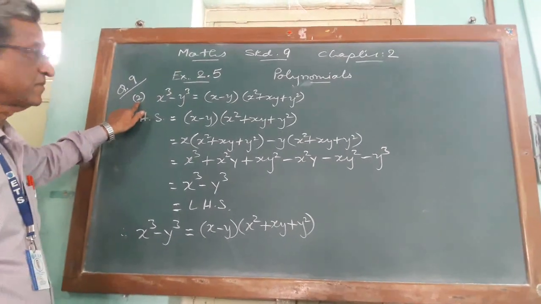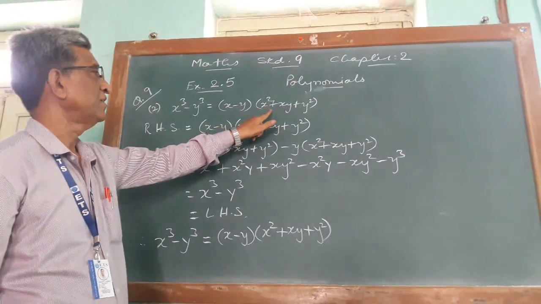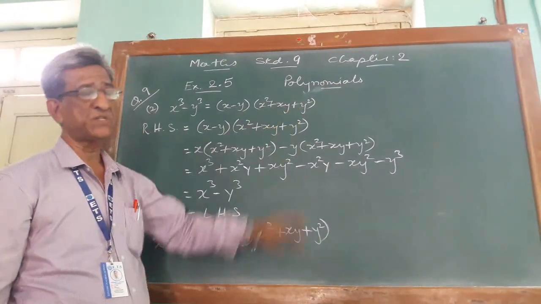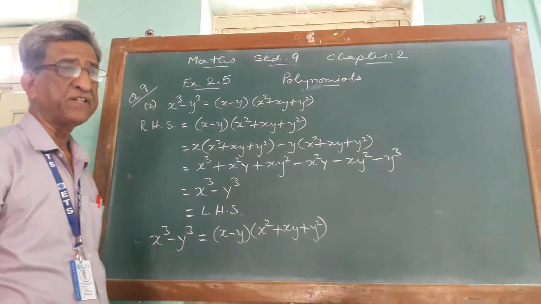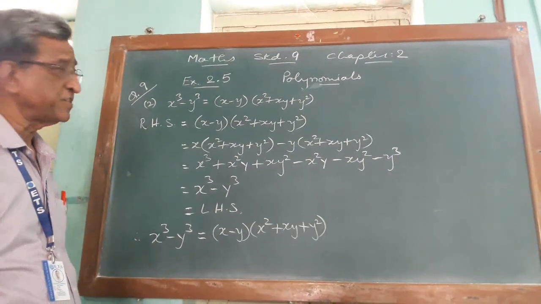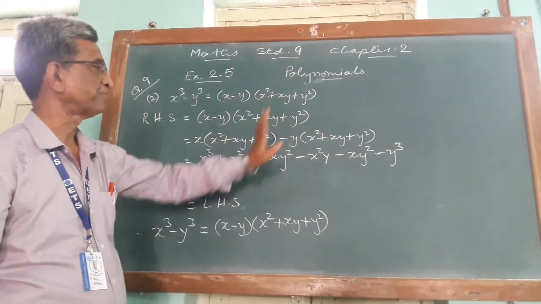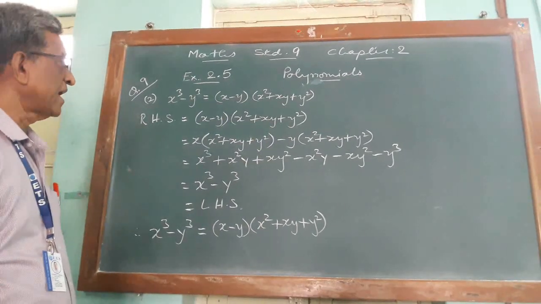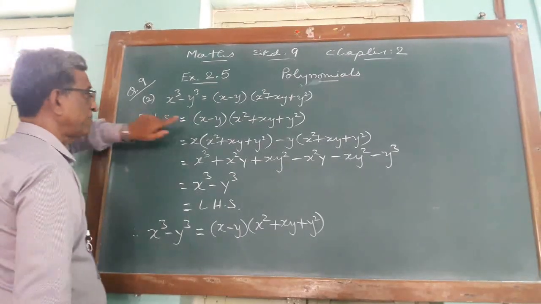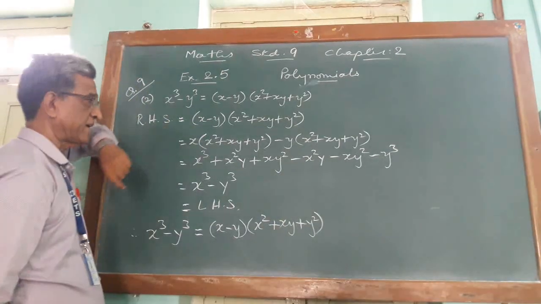Second sum, x cube minus y cube equal to x minus y into x square plus xy plus y square. You have to verify this. So same method, start with RHS. RHS is x minus y, x square plus xy plus y square. Now multiply x by the whole bracket, then minus y by the whole bracket.